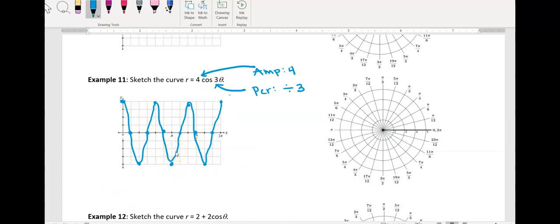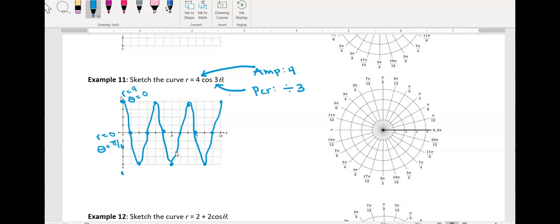Don't mind the wobbly lines. So what we're going to do now is take each of these important points and label them with their R and angle measurements. So R in this first one is going to be 4, and the angle is 0. In this second one here, R is 0, and our angle is pi over 6.